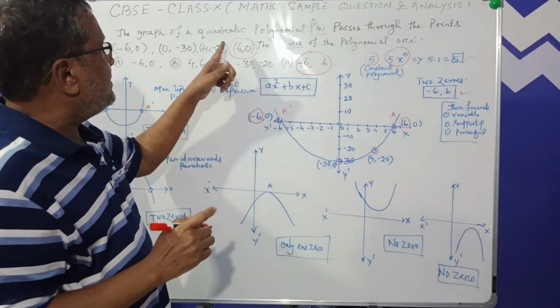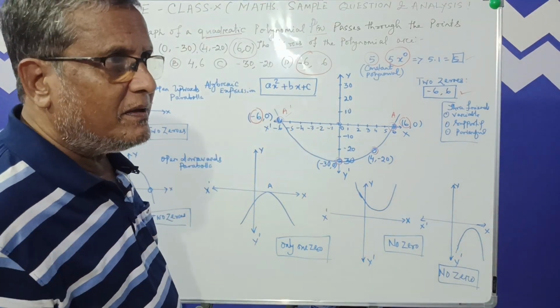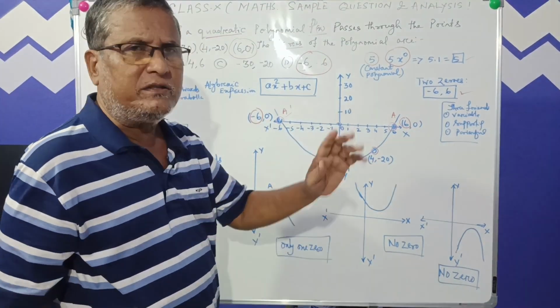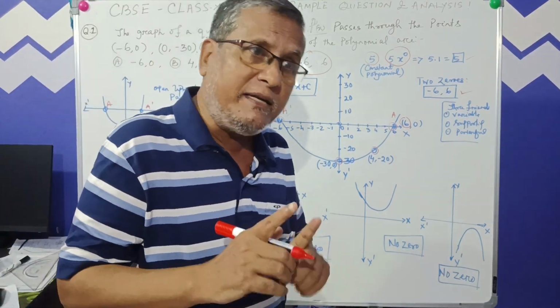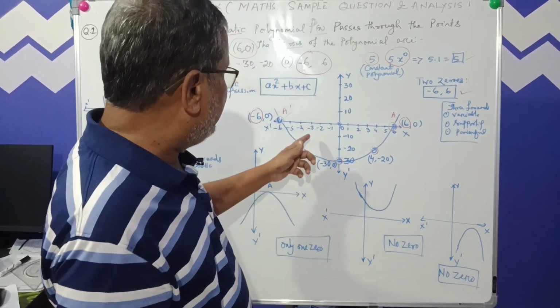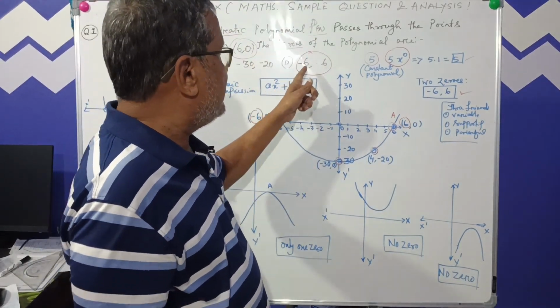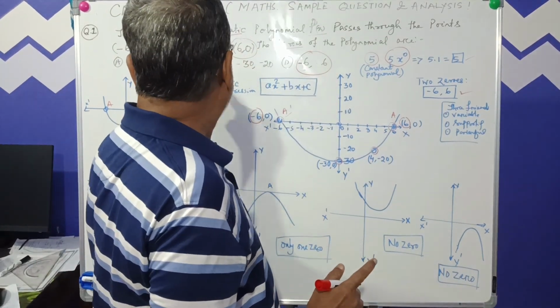In a quadratic polynomial, there are three conditions. It may have two zeros, it may have only one zero, and it may have no zero. But in this case, if the question demands two zeros, you see two zeros came in.